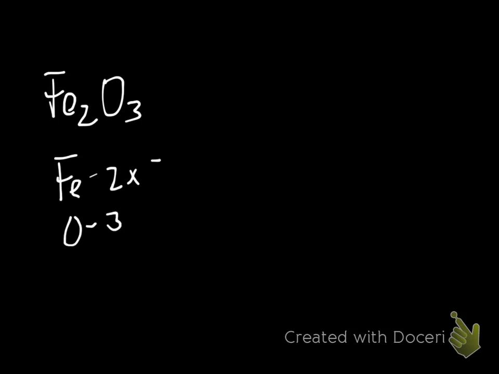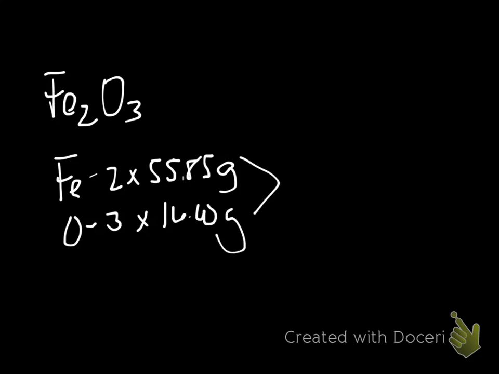Okay, let's actually practice a couple of them together. We'll pick one that was on the test. Let's do iron 3 oxide, Fe2O3. What's the molar mass of Fe2O3? Is it 55.85 grams now, not AMUs? Grams.